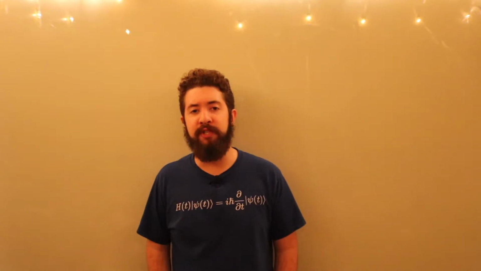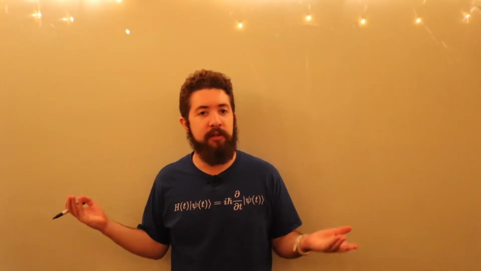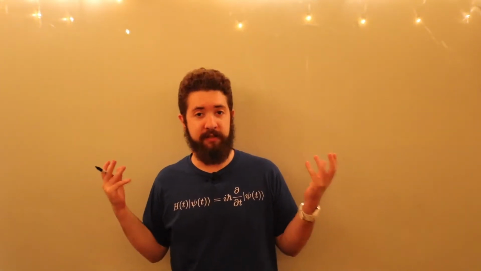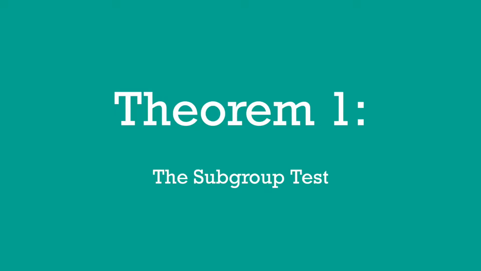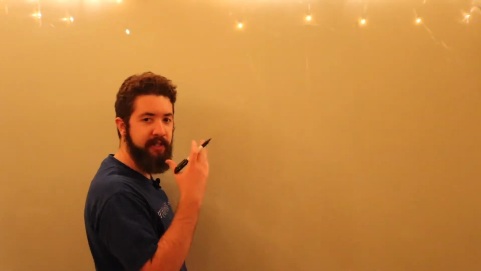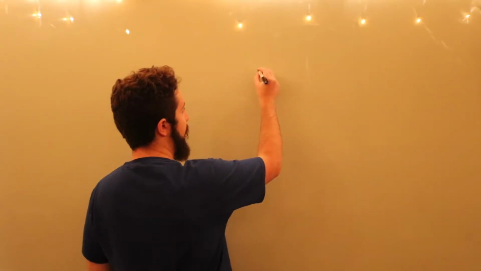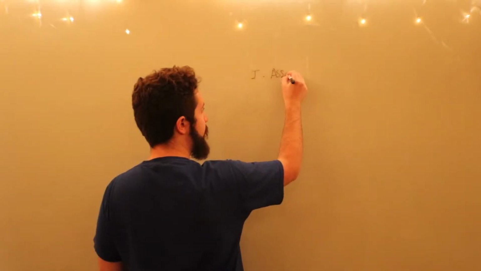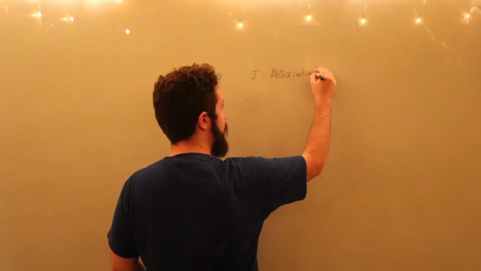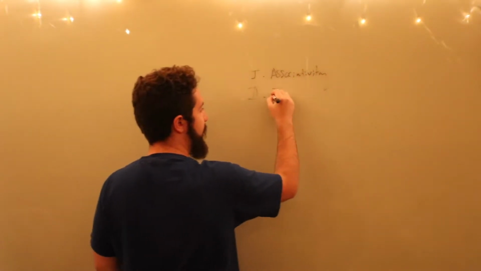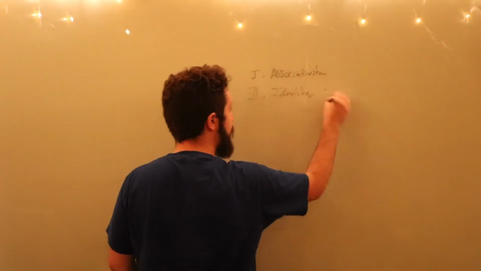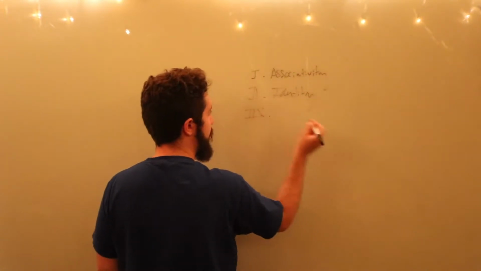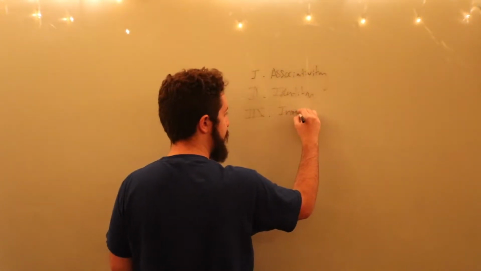Alright, so how do we tell if H is a subgroup of G? Are all subsets of G subgroups of G? Well, the answer to that is no. Think about the axioms of a group, right? We need it to satisfy all three in its own right. So we have associativity, it has to have an identity, and it has to have inverses.